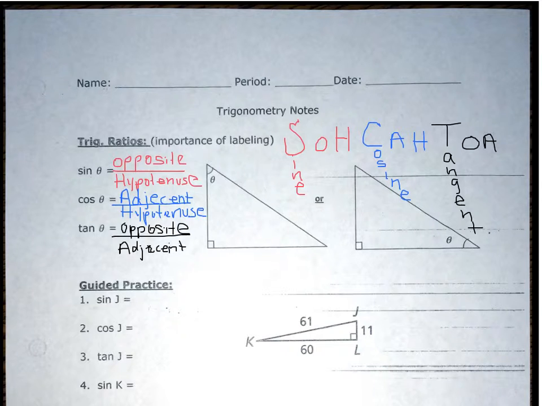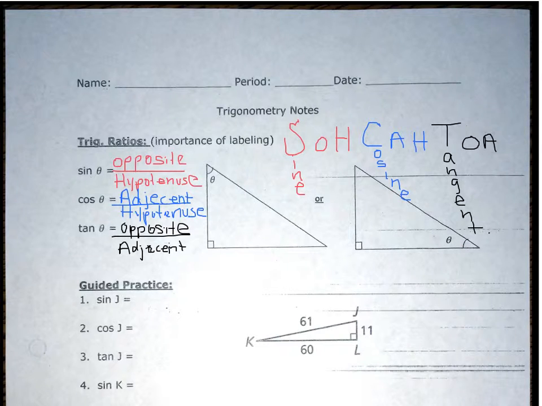Okay? So what we do is we're going to be given a triangle, and you have to determine which is the angle that is given. Sometimes the angle is at the top, like in this case, and over here, the angle is on the base.